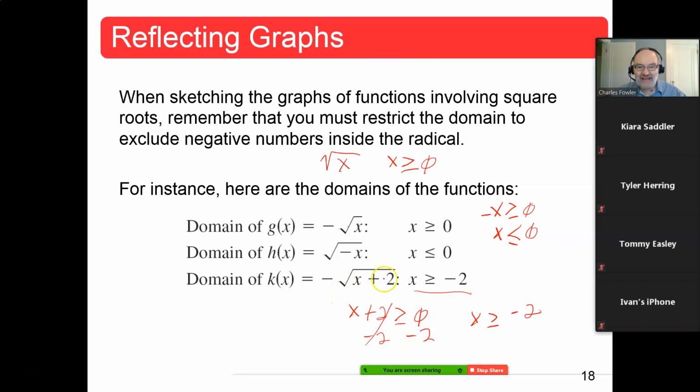This one, the x is shifted 2 to the left because it's a plus 2, but then the y has to be less than or equal to 0. So not only is your domain changing, the thing outside the radical changes the range, inside the radical changes the domain. Okay, does that sort of make sense?